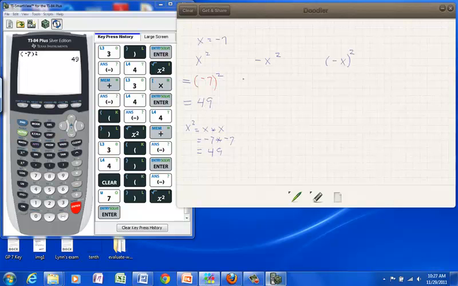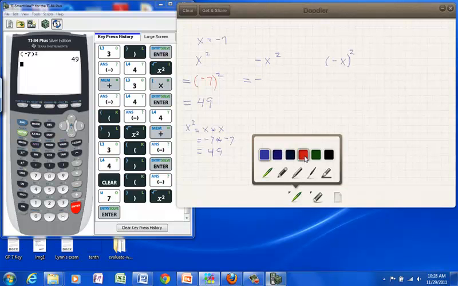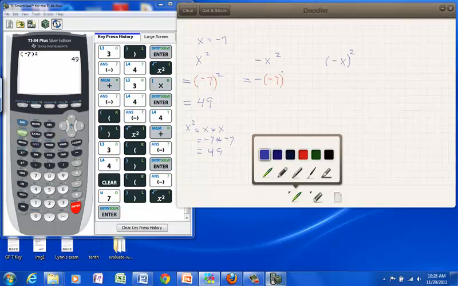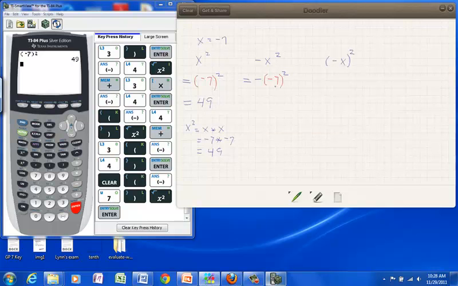All right, so let's take a look at the next expression. Now this negative sign here is part of that expression. So when I substitute for x, I'm going to put the -7 in parentheses. And you can see where my substitution happened.